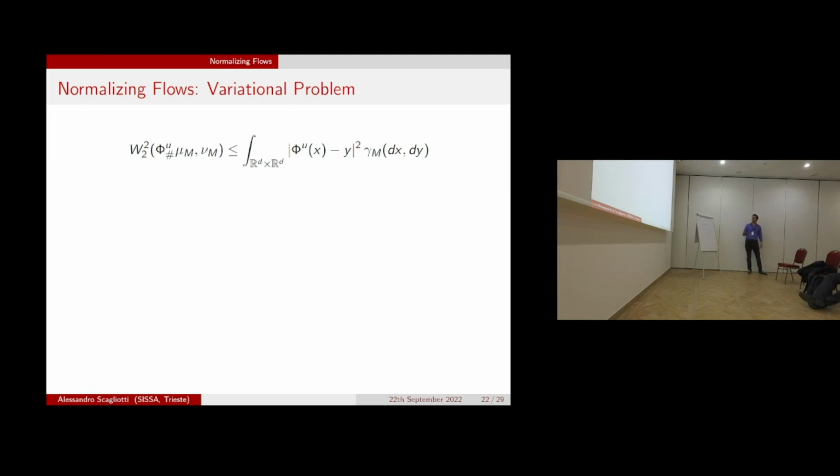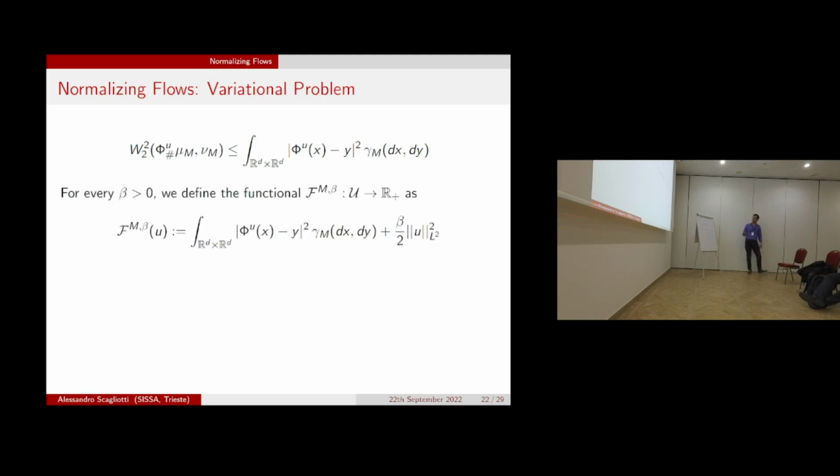So essentially we end up with this upper bound. Inspired by this one, we can construct the functional that we are going to minimize, which is this one, and it has a structure that is not so much different from the structure of the functional of the diffeomorphism approximation. Okay, what is the good news?